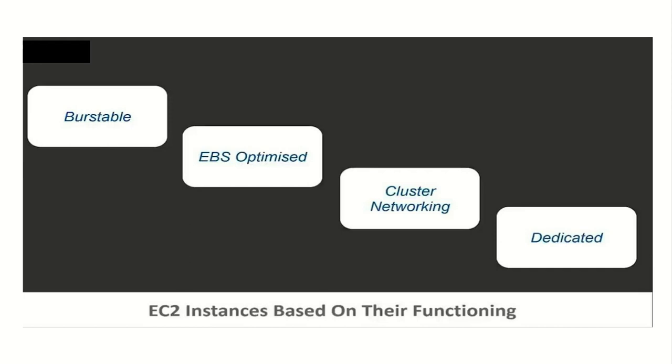Say for example, in my application I have different sections, and my first section is required to process data at a faster rate, the other one I want to be storage optimized, so I can define different clusters of instances that serve different purposes here, and then I have, at last, the dedicated one.